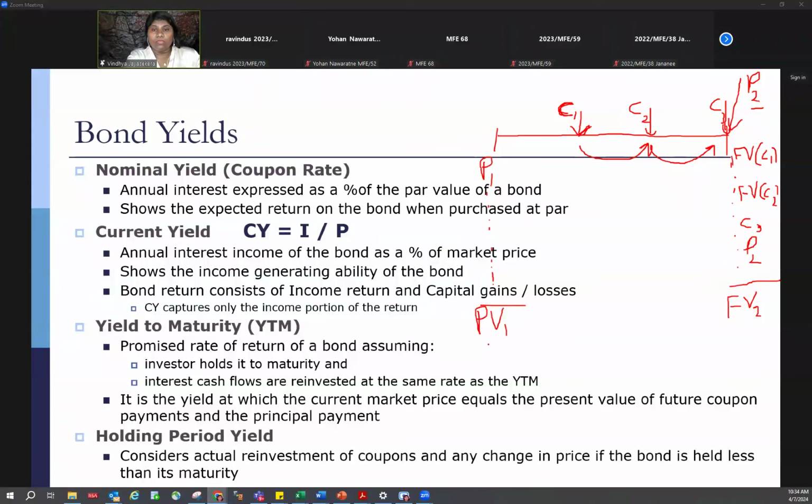This is essentially a two cash flow problem: a beginning cash flow and an end cash flow. I want to know the effective return over the period that this cash flow earned.